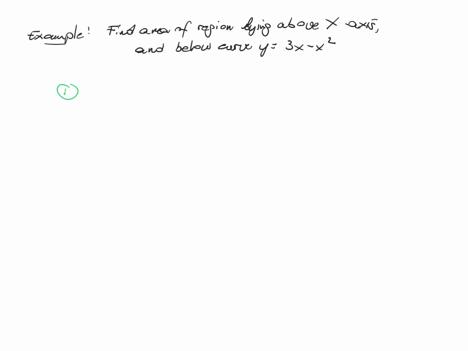So first, we have to determine the points of intersection. Where are these two curves intersecting each other? We have two curves: on the one hand, the x-axis, y equal to 0; on the other hand, y is 3x minus x squared.